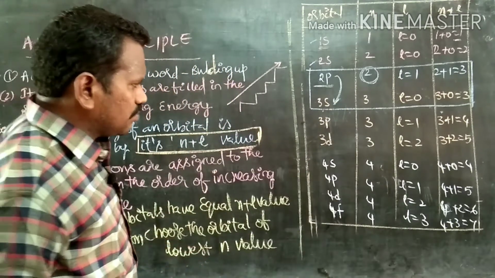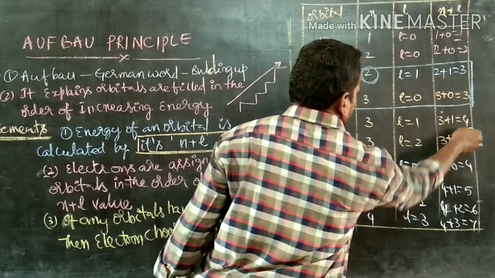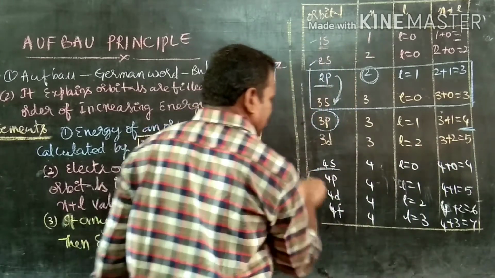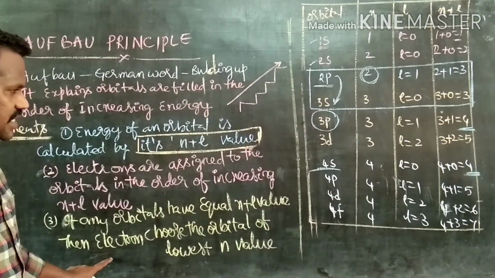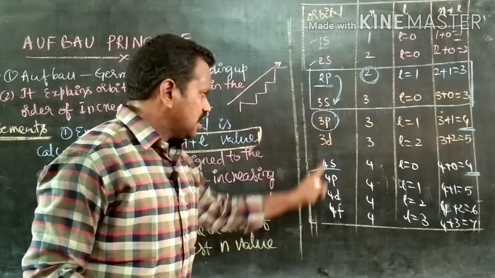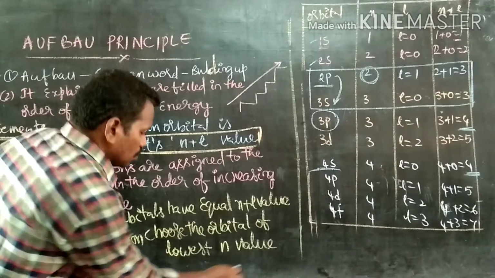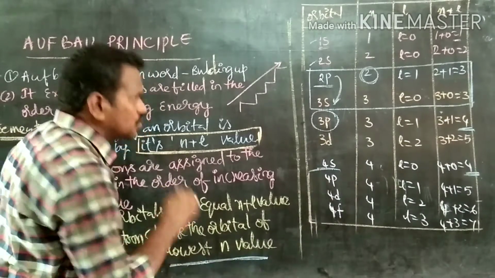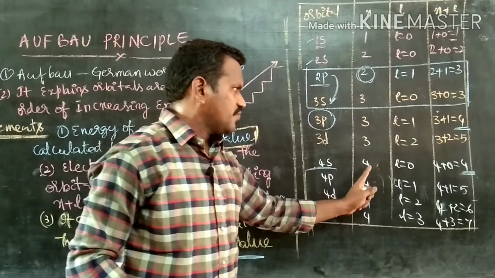Now let us take one more example. The energy of 3p is 4, and the energy of 4s is also 4. According to statement 3, the electron should first enter 3p, then 4s. Why? Because the lowest n value is for 3p and the next n value is for 4s.